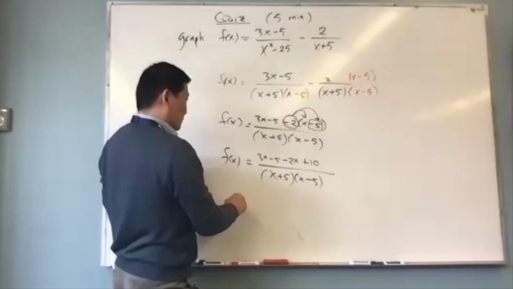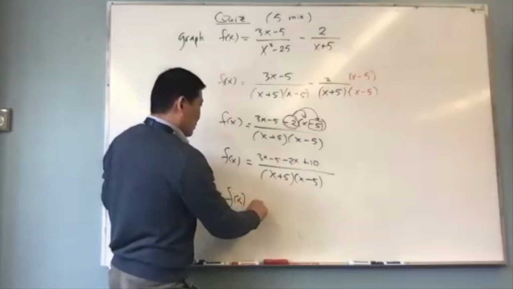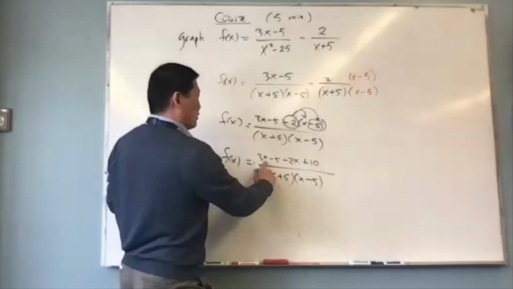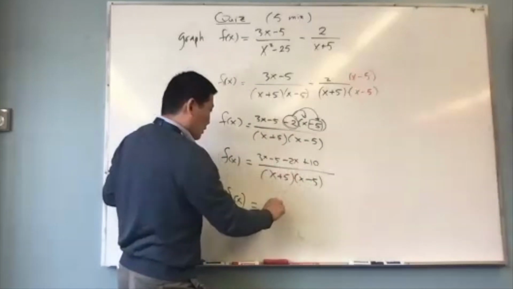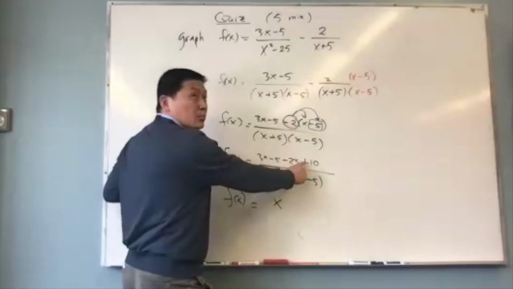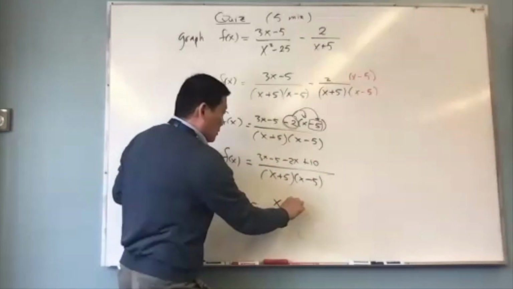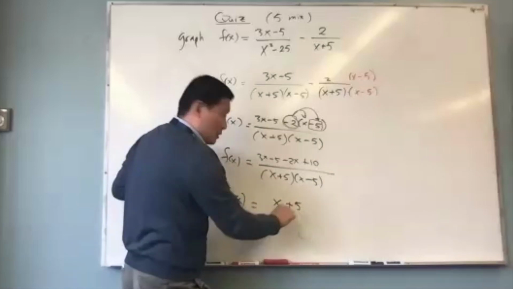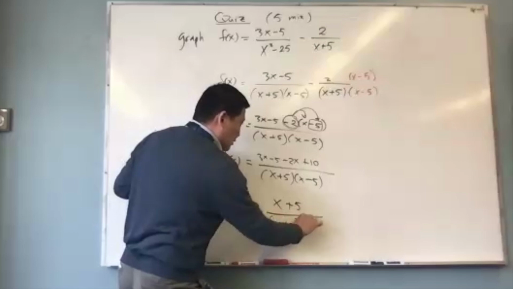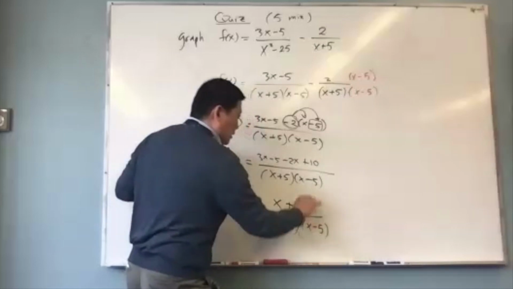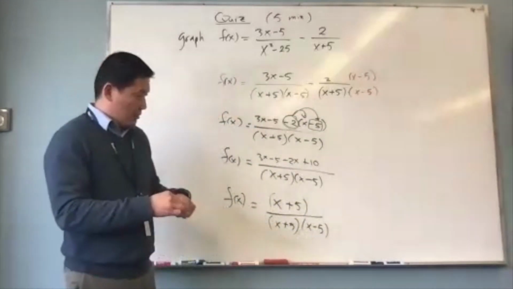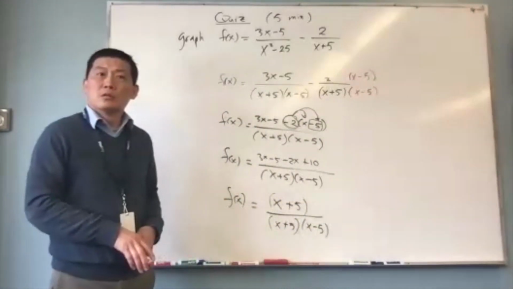So then f of x becomes 3x minus 2x, which is just x. Negative 5 plus 10 is just positive 5. And then on the bottom, I get x plus 5 times x minus 5. Now on the top, I can think of it as that. So what does this lead me to?